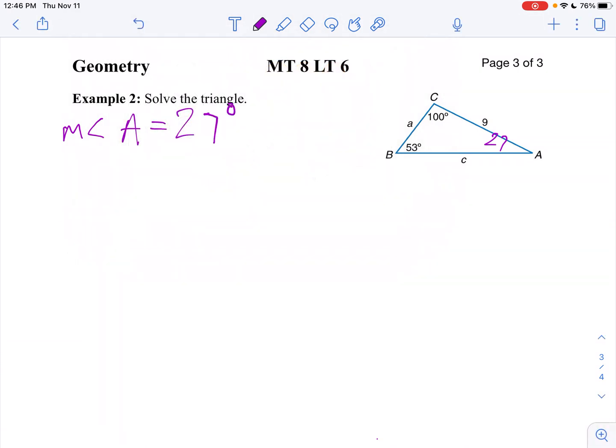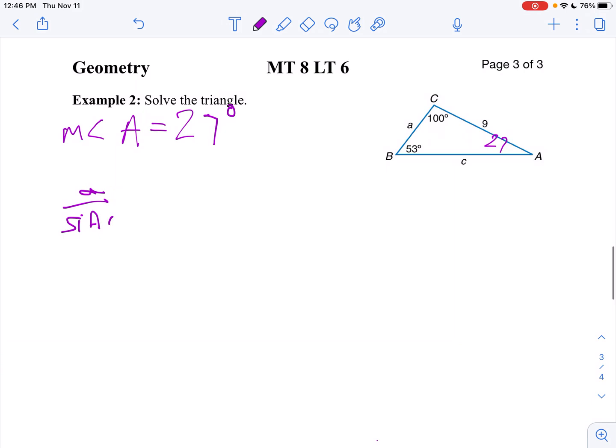Now, I want to solve for either A or C. I think I'll start with A, so I'm going to find A. I'm going to say A over the sine of angle A equals B over the sine of angle B, equals C over the sine of angle C, but really I want to find A. So now I'll substitute.